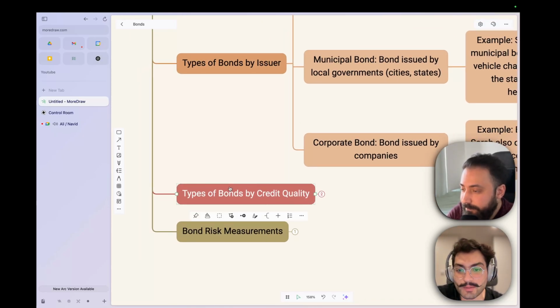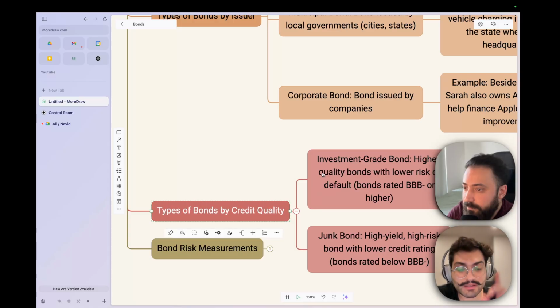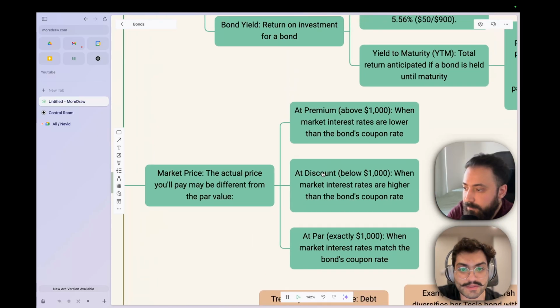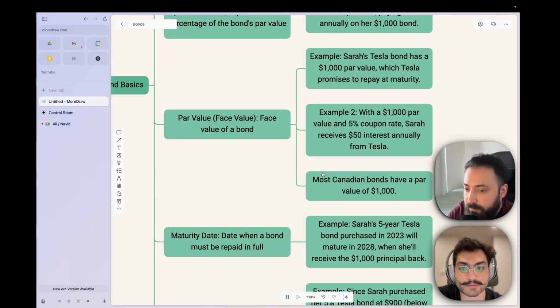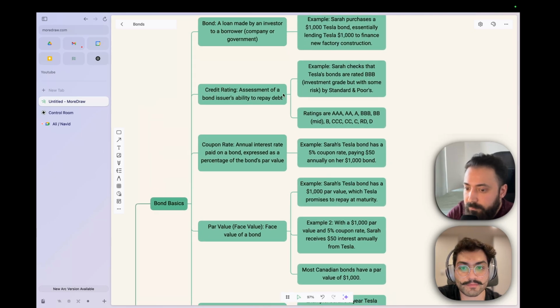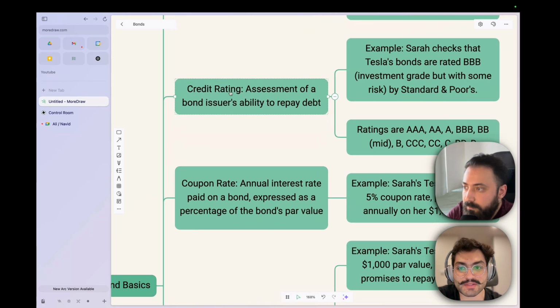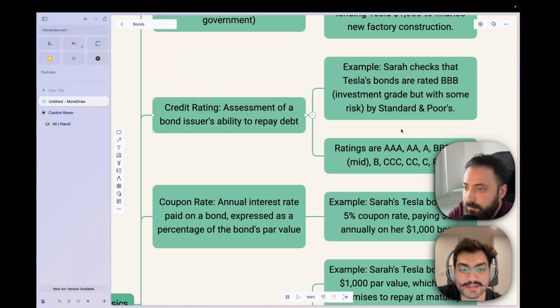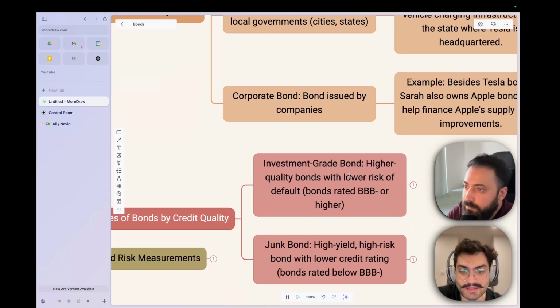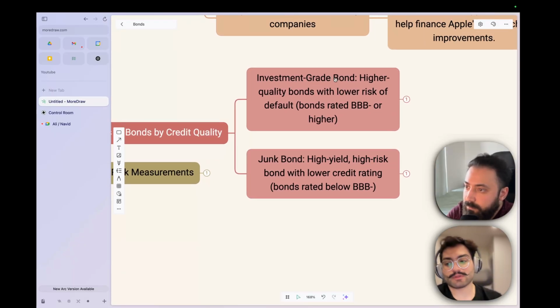Okay, so we saw types of bonds by issuer, but then by credit quality. We saw this thing here: credit rating, an assessment of the bond issuer's ability to repay debt. Based on where they sit on these ratings, we can look at two types of bonds.